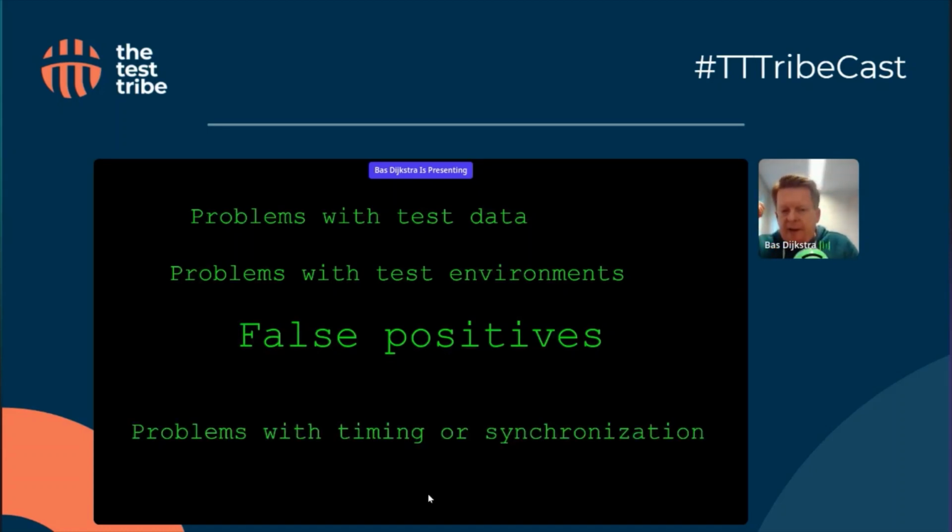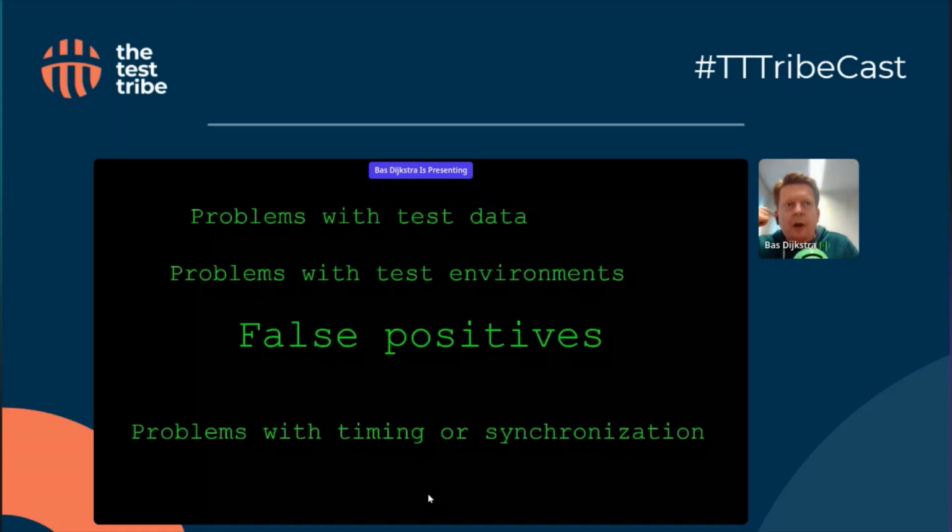Or there's a problem with timing or synchronization. So, and UI tests are famous for this, you try to click a button that's not yet visible. You try to fill in text into a text field, but there's a modal or an overlay that's blocking access, even though you think it's visible and enabled, but it's really not.